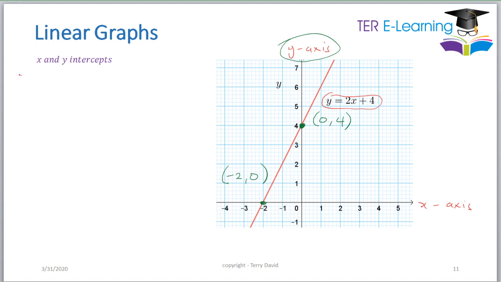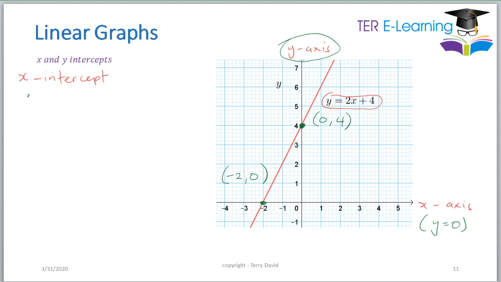So the first thing, we want to find my x-intercept. Now the x-intercept is where we are cutting my x-axis, right? Now remember a few minutes ago I told you all that my x-axis is also the line y is equal to 0. Now this is where this comes into play. So at the x-intercept, y is equal to 0.